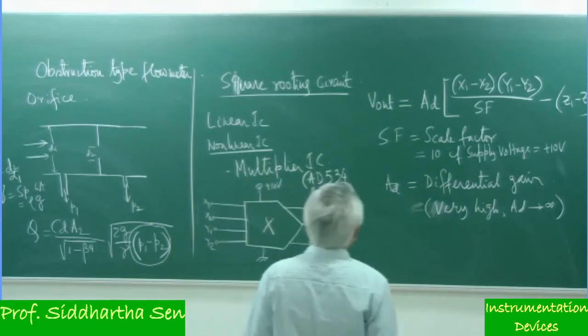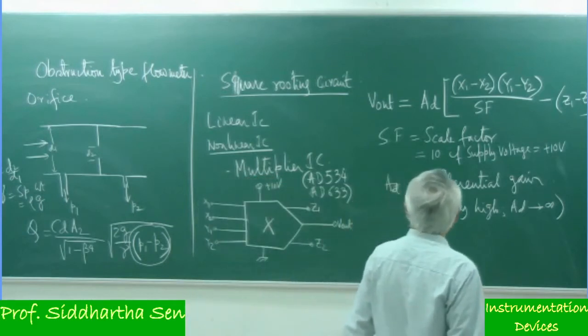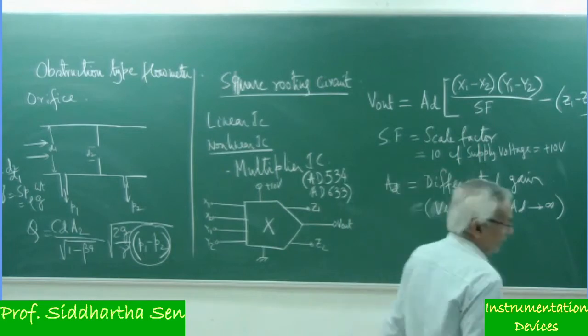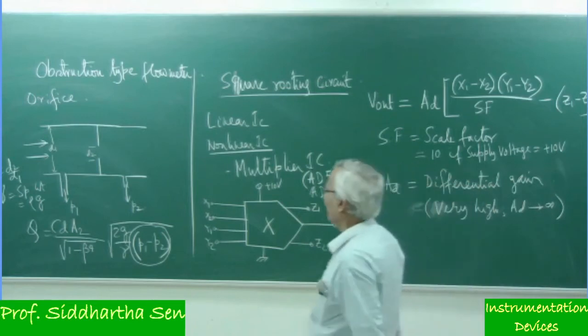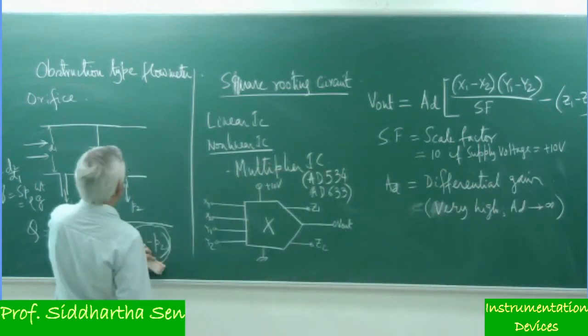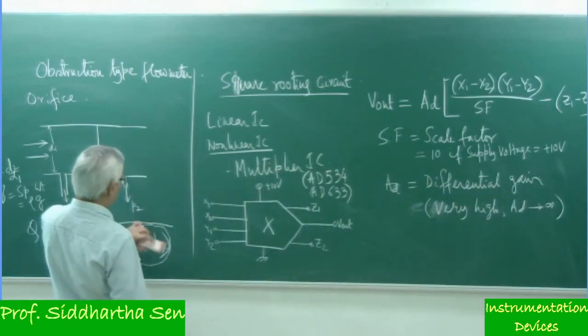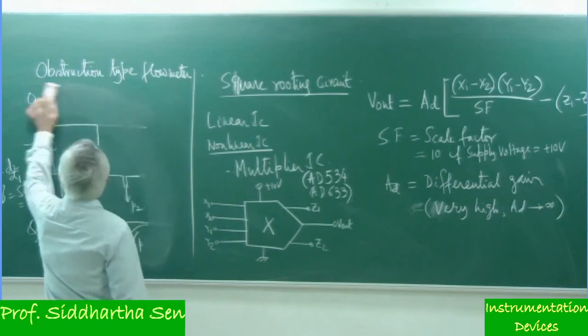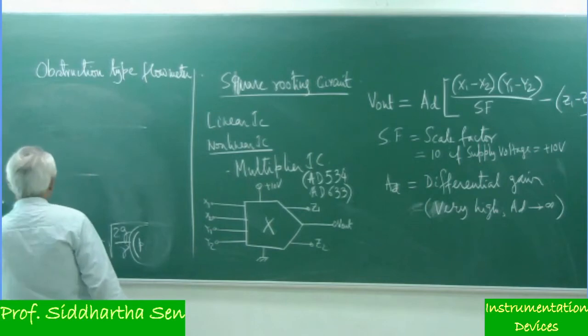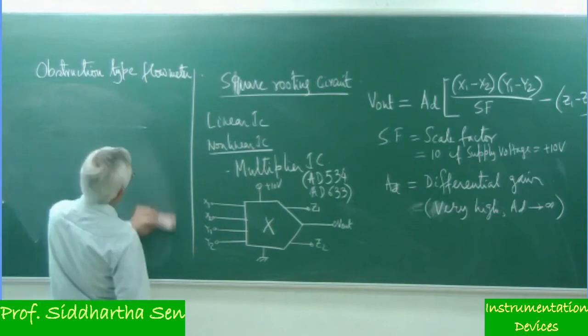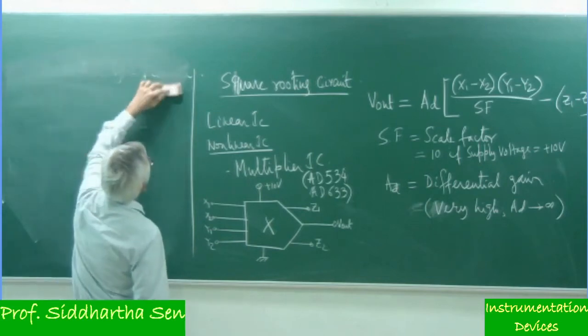Now the question is how to multiply two signals. Our objective is how to take the square root of a signal, but before that we try to see how to achieve it. First of all, how to multiply two signals.